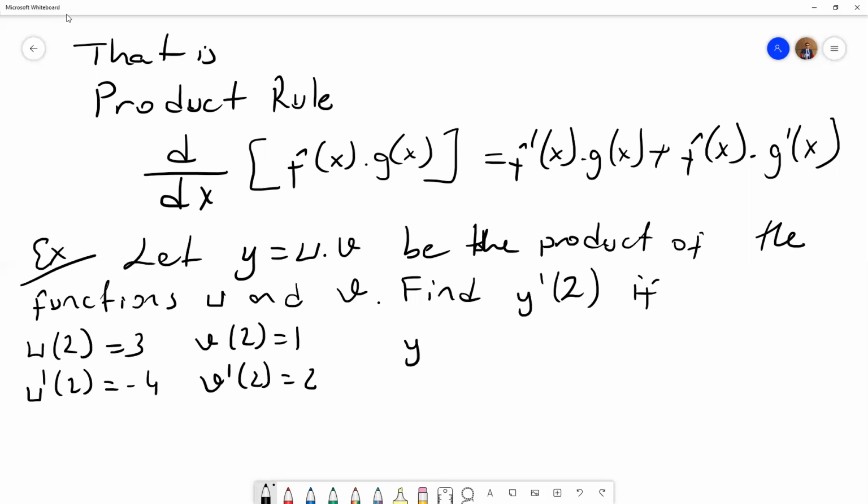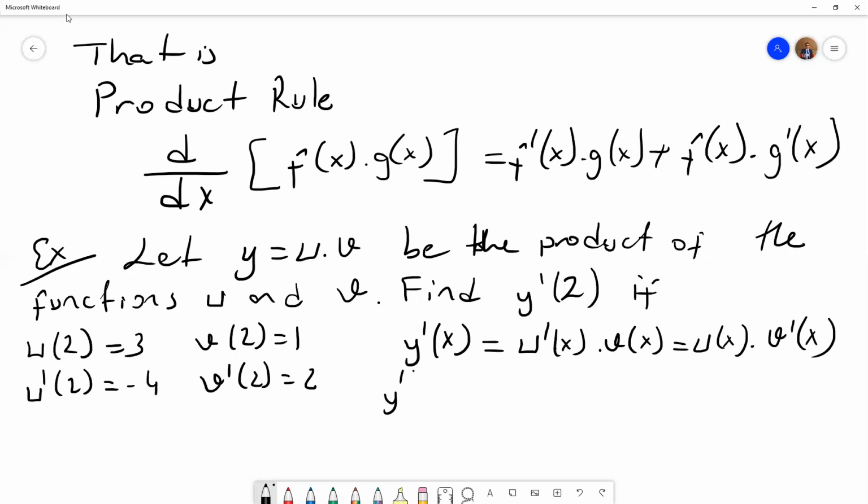So if you want to find the y prime of x, we have to write u prime x multiplied by v x, plus u x multiplied with v prime x. So if you want to write y prime 2, you put 2 here, 2 here, and 2 here also.